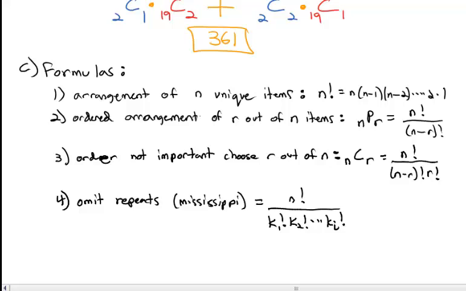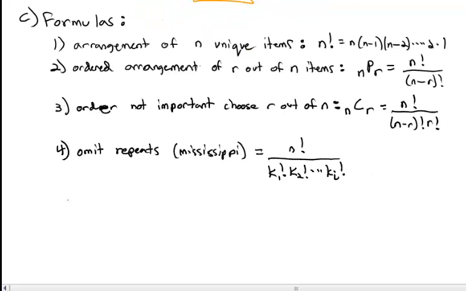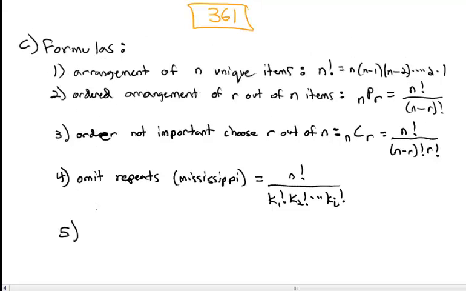We can omit the repeats. The only variation on the theme that we saw, it's not really a formula, but I'm going to put it on here anyways, the circle arrangement. And there were a couple variations on a theme of the circle arrangement. But in general, with a circle, the first person doesn't matter, so we start with one less than that, factorial, to find out how many ways that circle can be arranged.